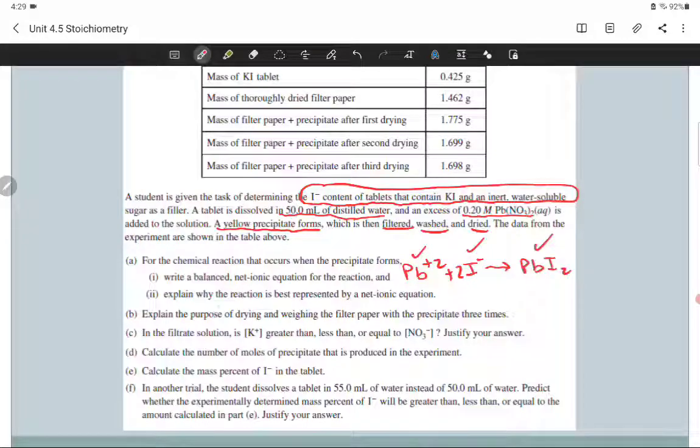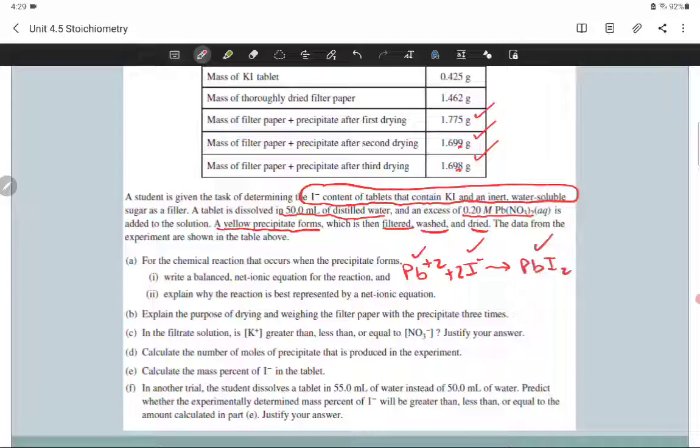B, explain the purpose of drying and weighing the filter paper with the precipitate 3 times. I don't know if you noticed this, but in this data table, they dried it once. Then they put it back in the oven and dried it again, and it still lost more mass. And then they dried it a 3rd time, and it still lost mass, but really the only number that changed was the 3rd decimal place.